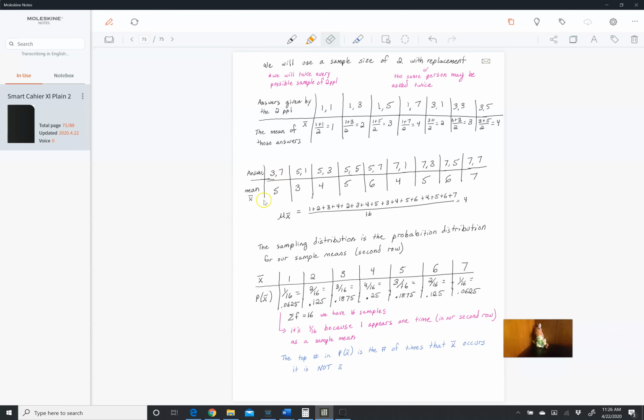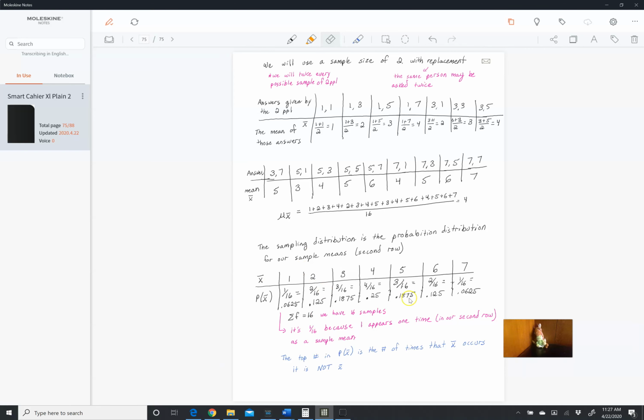And I mentioned that because it's confusing for the first 4. For the first 4, it looks like it would be X bar, but it's not. It just so happens that 1 only appears once, 2 only appears twice, 3 only appears 3 times, 4 only appears 4 times, but then 5 appears 3 times, okay? So that's something to take into consideration, okay? This is the probability distribution.